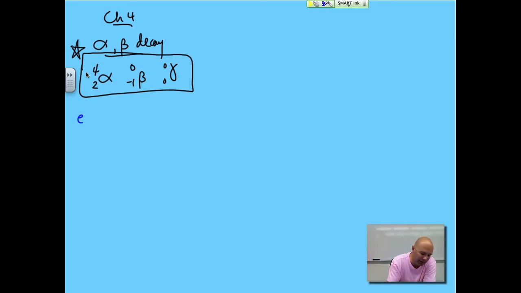Say there was an example: plutonium 242, and it undergoes alpha decay.